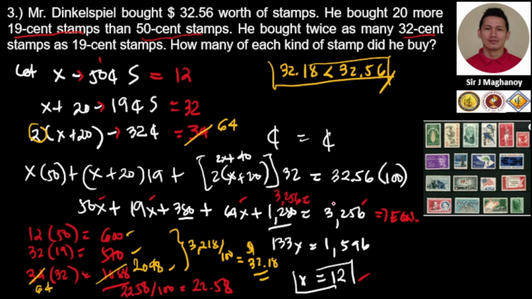So 3256, the same. So we have a balanced equation. We can say our answer 12 is correct.